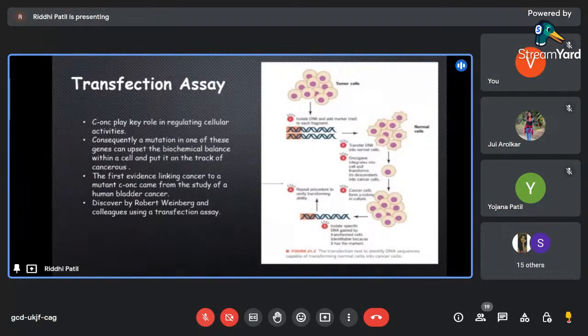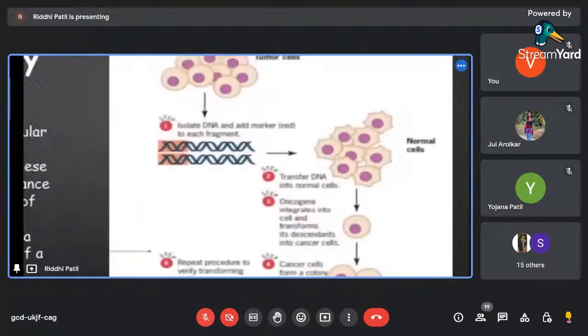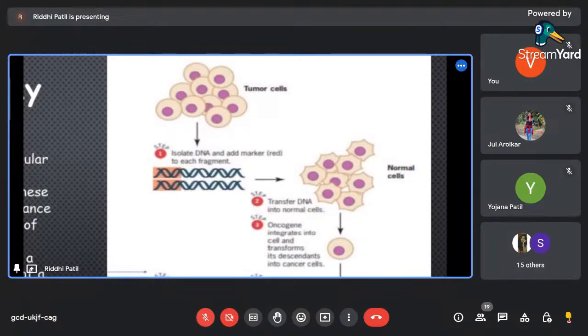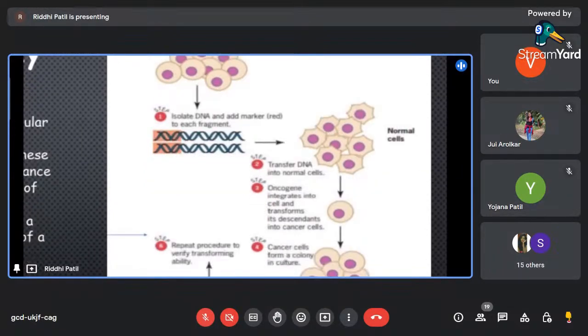Next is the transfection assay. The transfection assay is a test performed to identify DNA sequences capable of transforming normal cells into cancer cells, which was first discovered by Robert Weinberg. In the transfection assay, the DNA was extracted from the cancerous tissue and fragmented into small pieces.